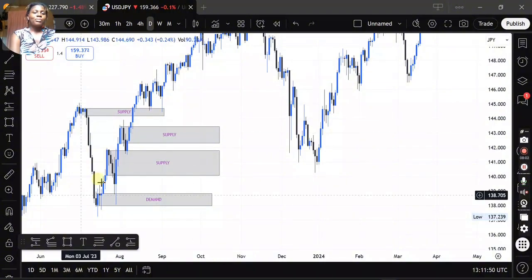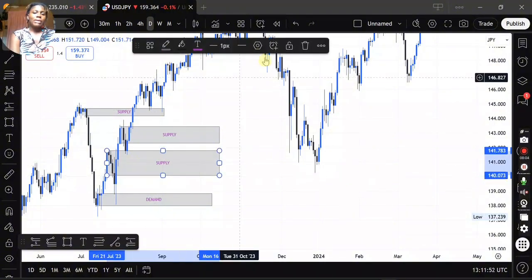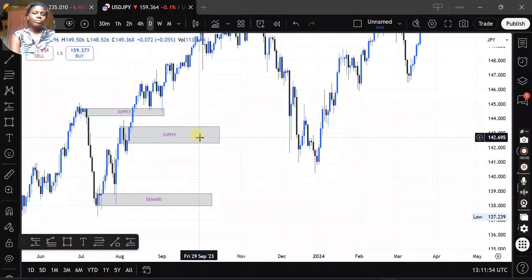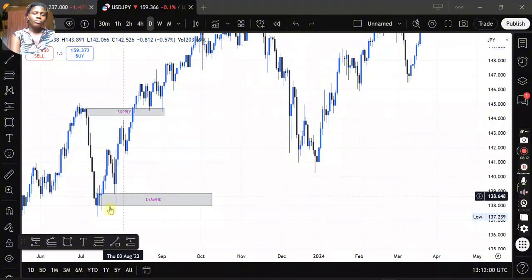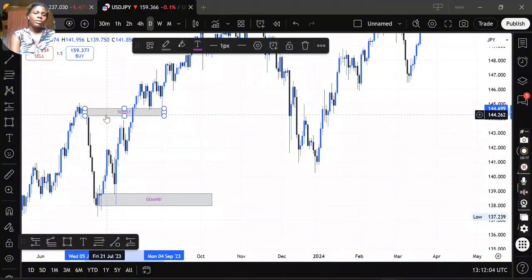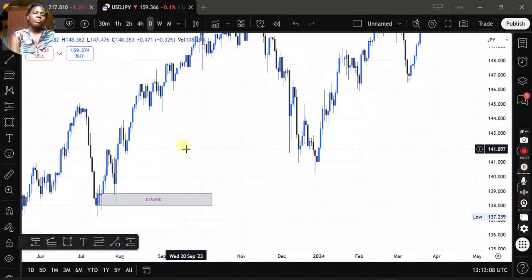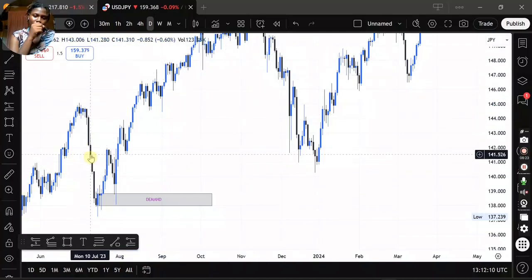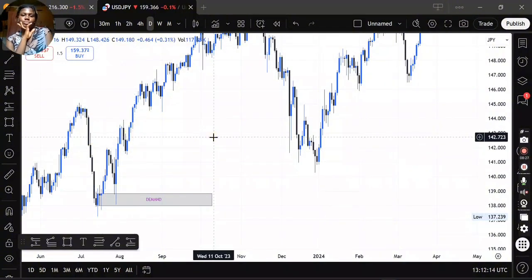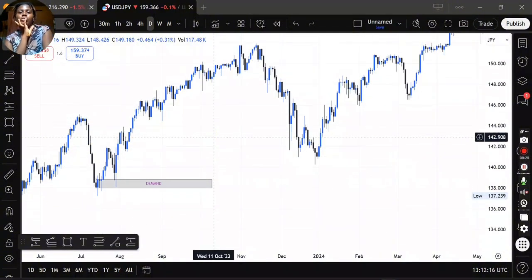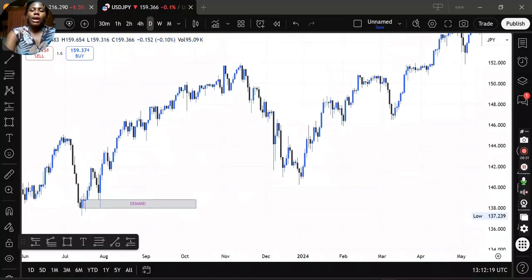So now let's use the demand. Already have one demand here. Now this is the point I want us to use the demand at.